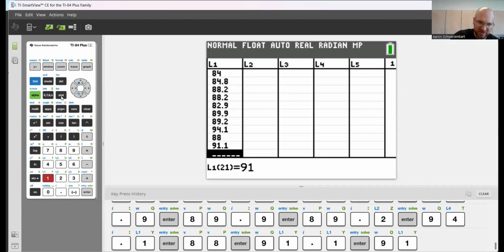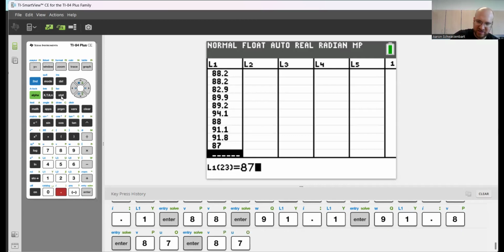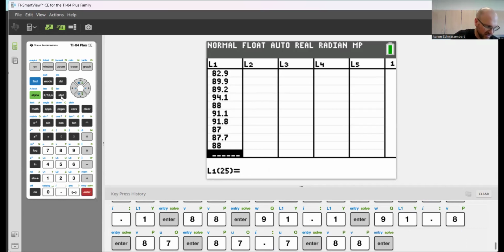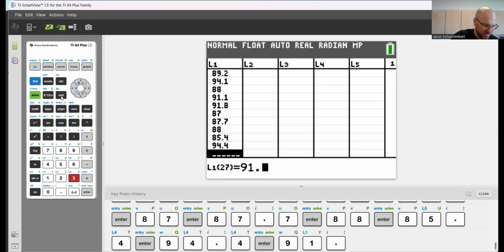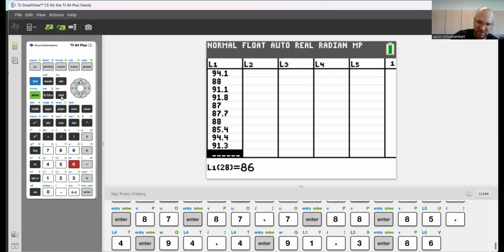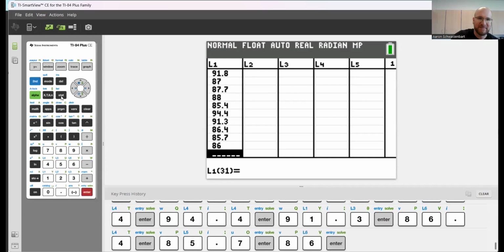I am periodically checking. I know there's 8 or 10 across, so I'm checking that my numbers in L1 match up, that this is the 24th term, kind of checking that at the ends of the rows, because I don't want to accidentally miss one. Okay, so now I've entered all my data.